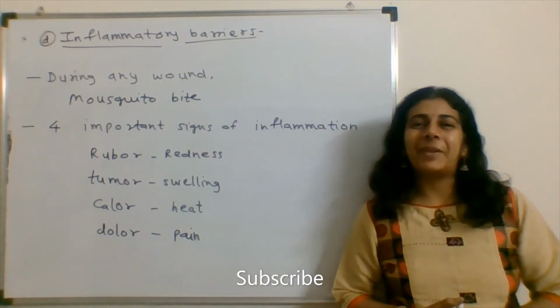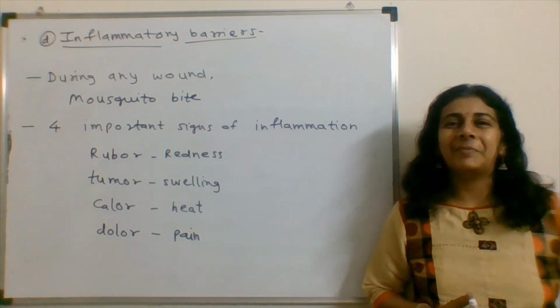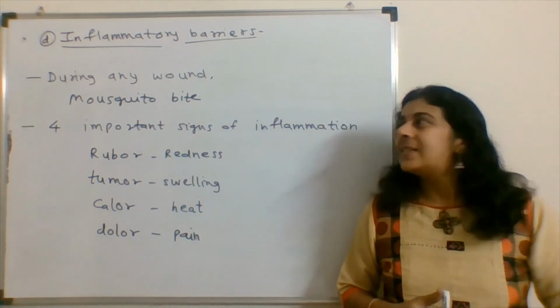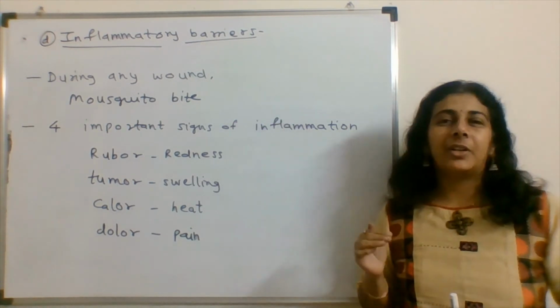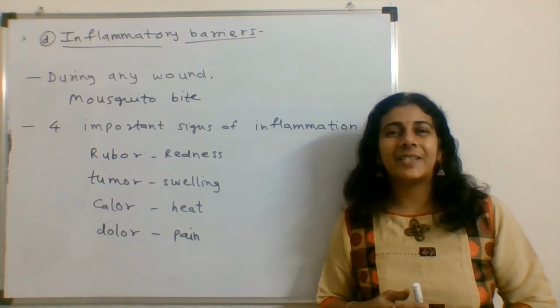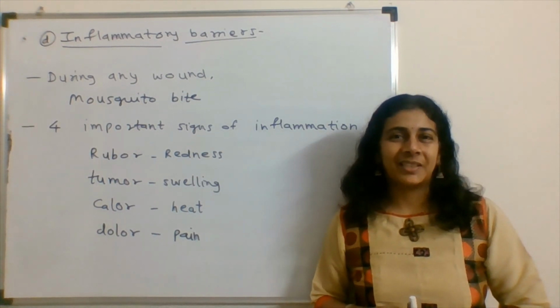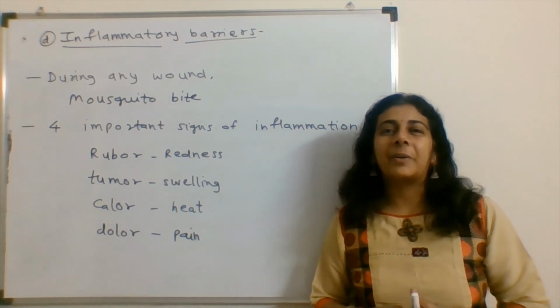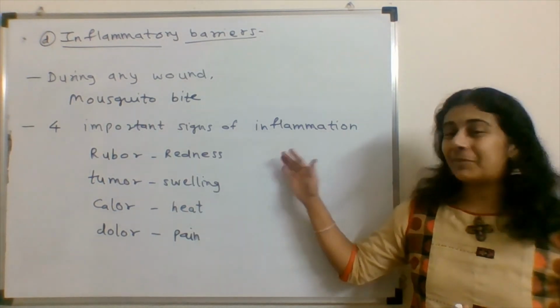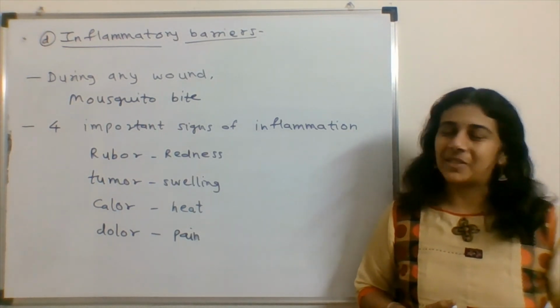Yes, the last barrier of the innate immune system is the inflammatory barrier. During any wound or after a mosquito bite, we always observe inflammation. That area becomes red and there is swelling. These are signs of inflammation.